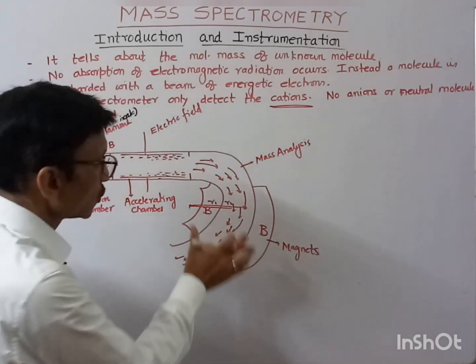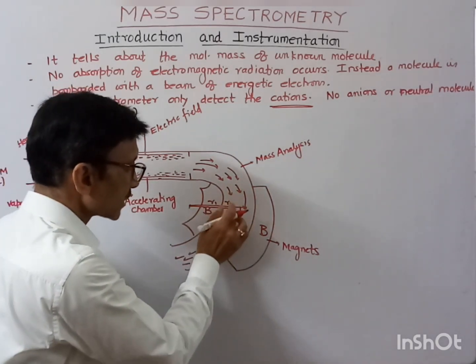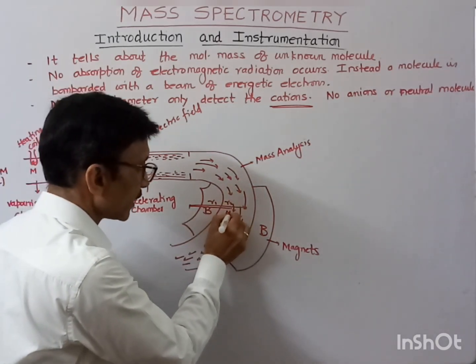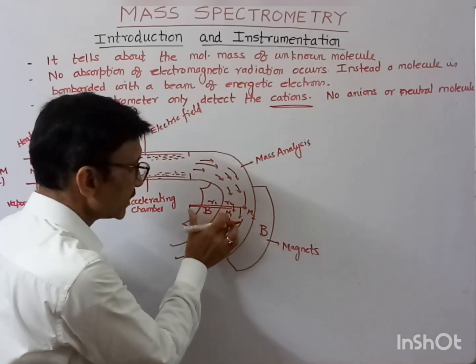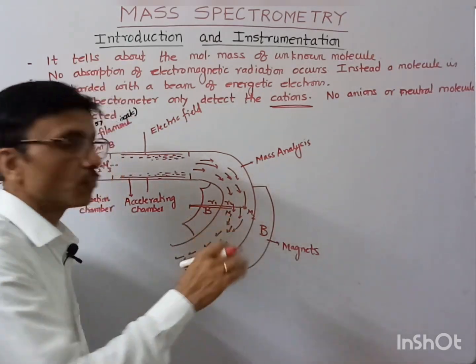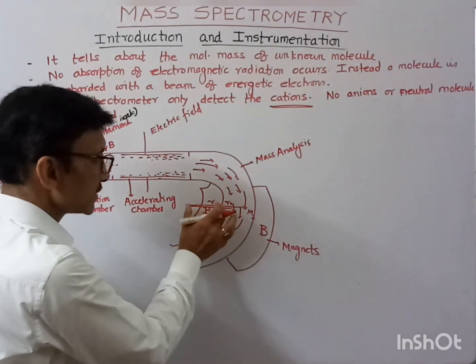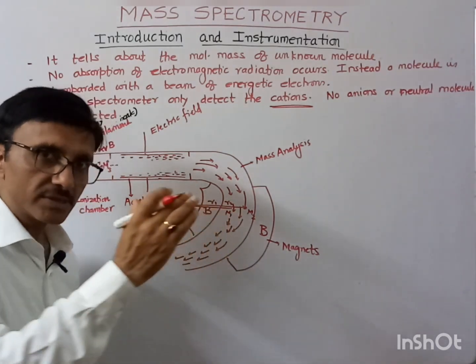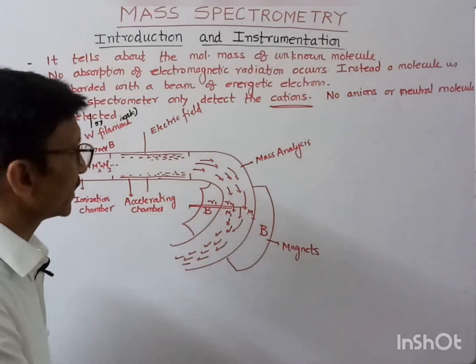So r1 is less, r2 is more. Suppose this ion is M1 and this is M2. M1 has radius R1, M2 has radius R2. So M1 is more deflected, M2 is less deflected. If the radius is less, it is more deflected. If the radius is more, it is less deflected.